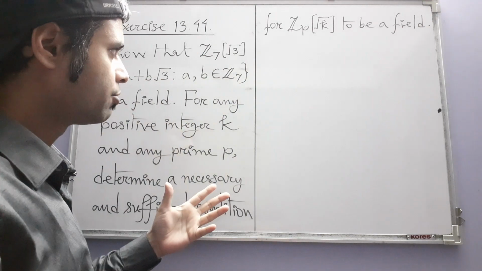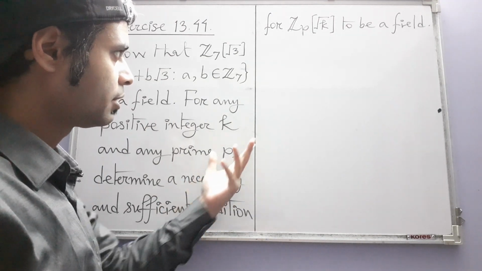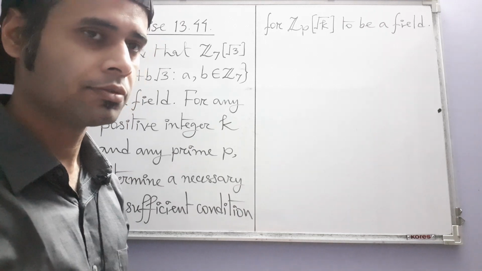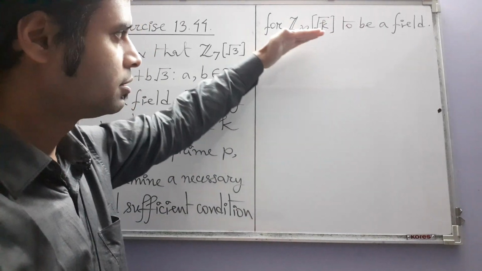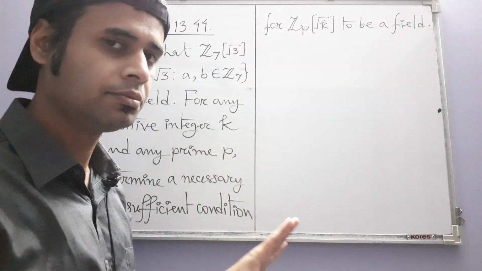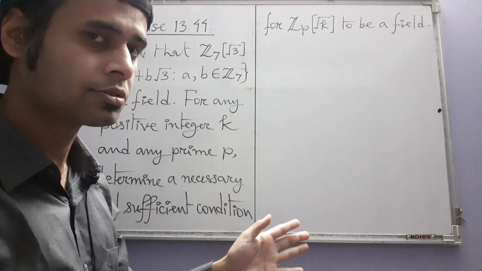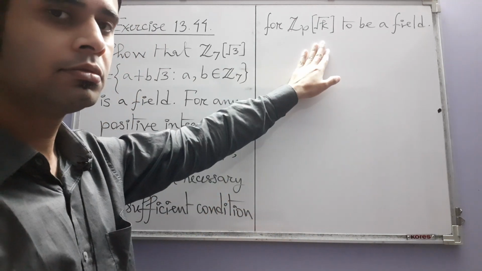So what we are going to do here is handle the general case itself. That is, we are going to work with this. That means we have to show that under a given condition, which hence is going to be a sufficient condition, this will be a field.